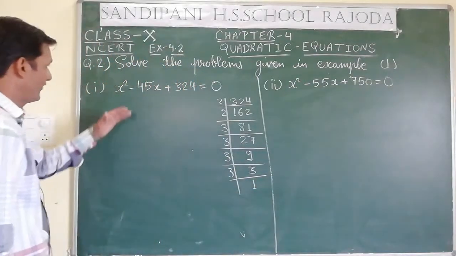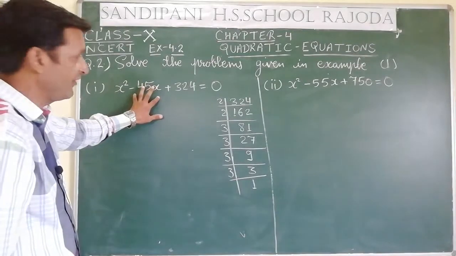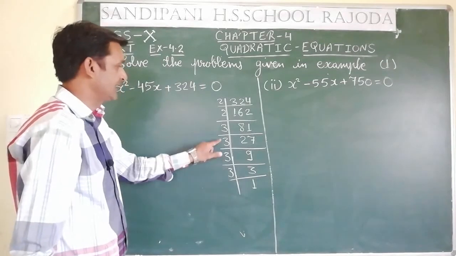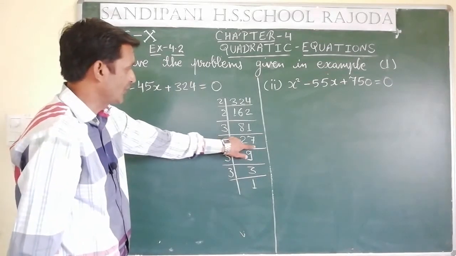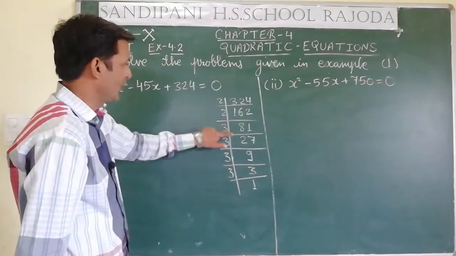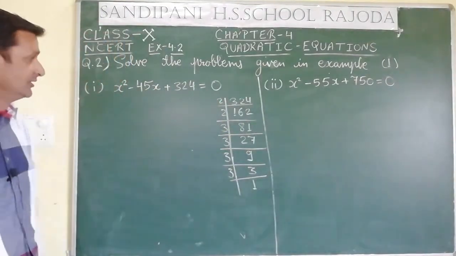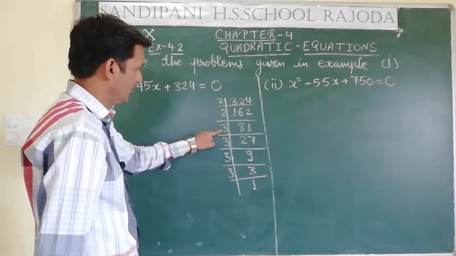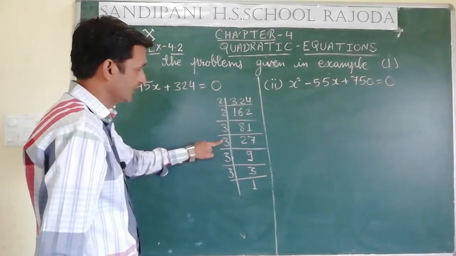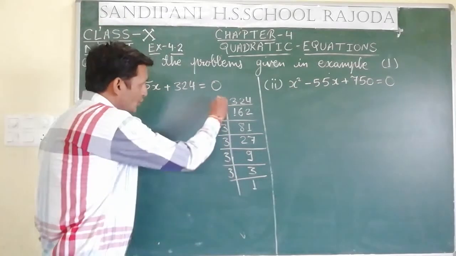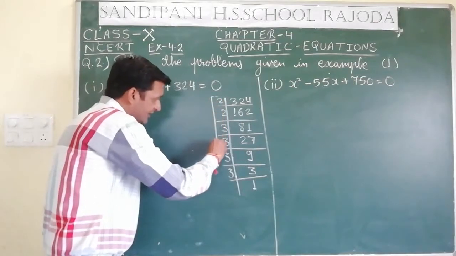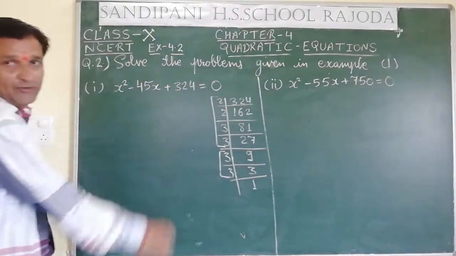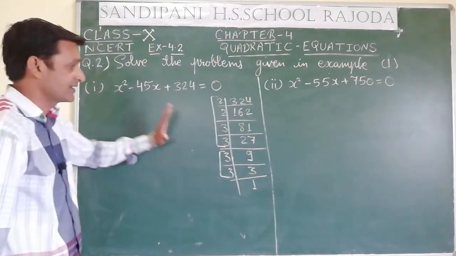So we have to find factors in such a manner that the sum will be equal to 45 and the product will be equal to 324. See here, 3 3s are 9, 9 3s are 27. If we see this term 27 and 3 4s are 12, 27 and 12 do not make sum 45. But if we do 2 2s are 4, 4 3s are 12, 12 3s are 36, then 36 plus 9 is equal to 45, meaning negative 36 and negative 9.